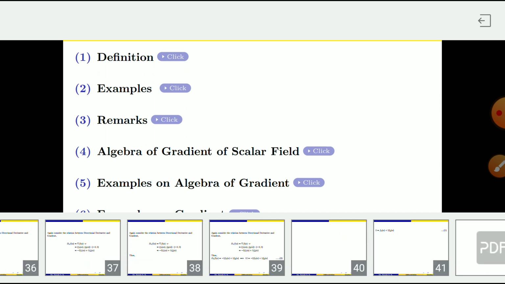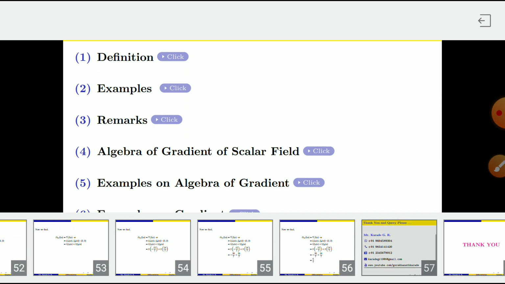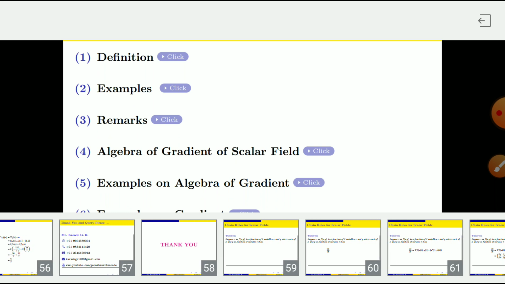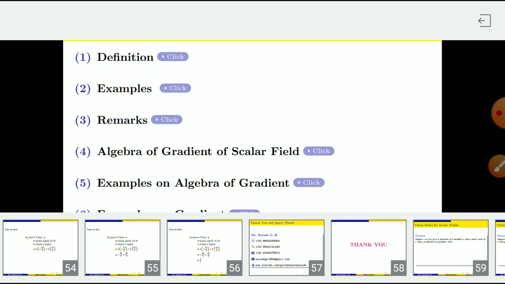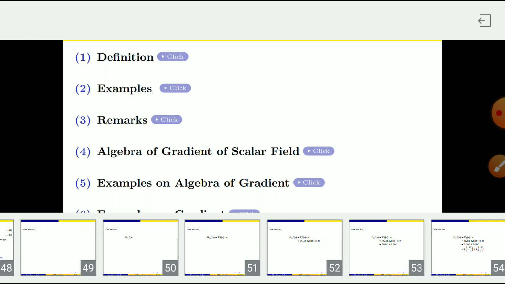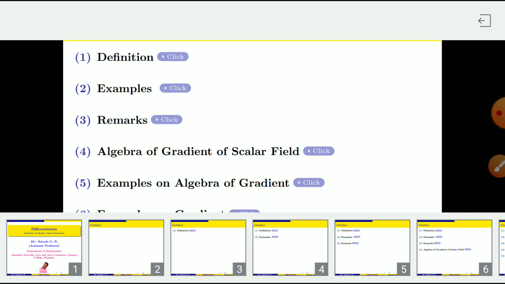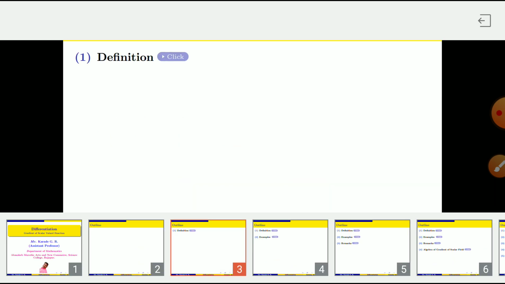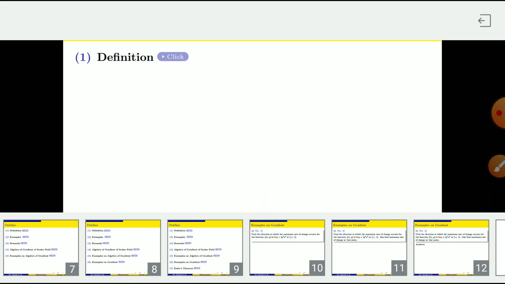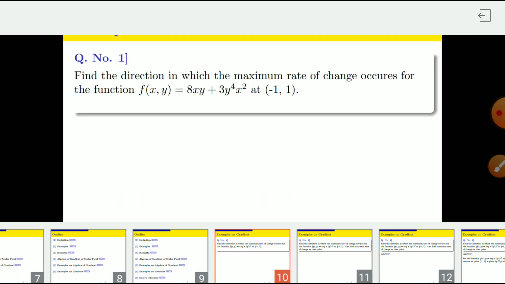Examples, and we have this definition, and let us take the first example.